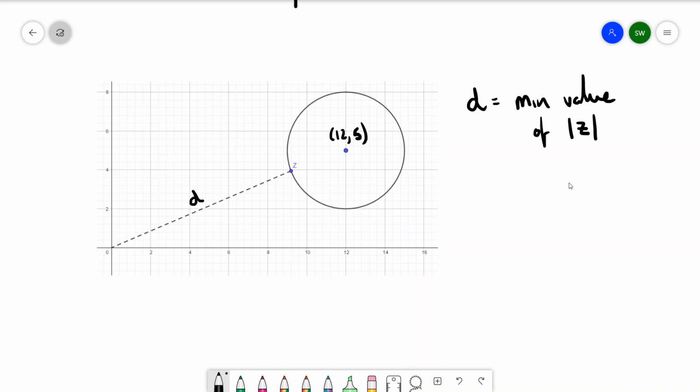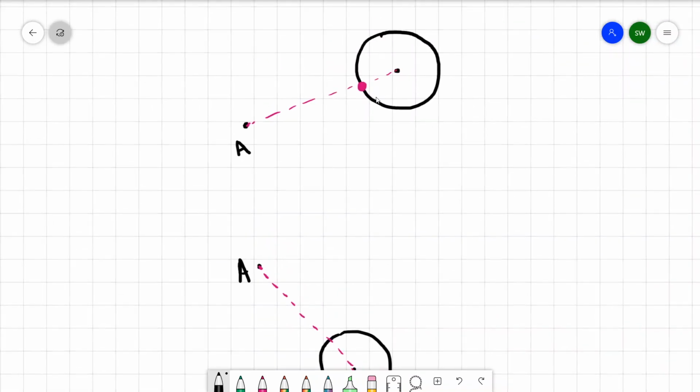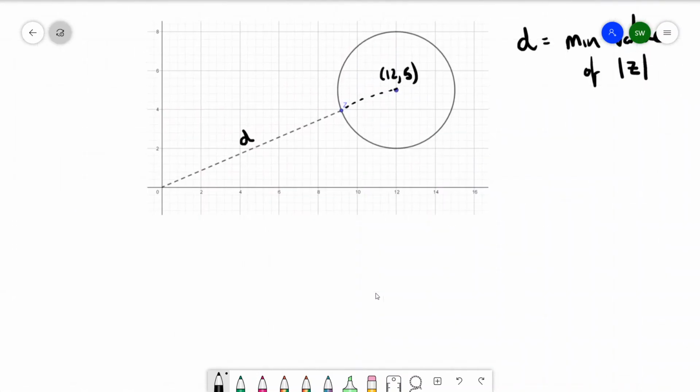We know that this point lies on the straight line, so we could extend this straight line, and it's going to go through the centre of the circle, because that's the theorem that we saw at the start. So this portion of the line from z to the centre of the circle is just the radius of the circle, which is a length of 3.